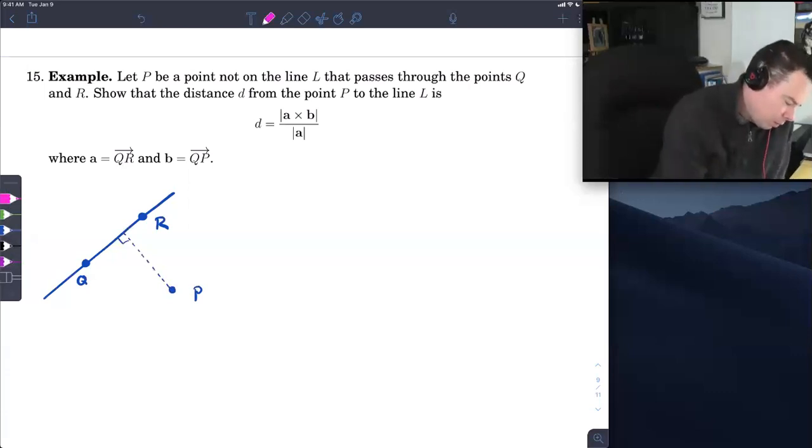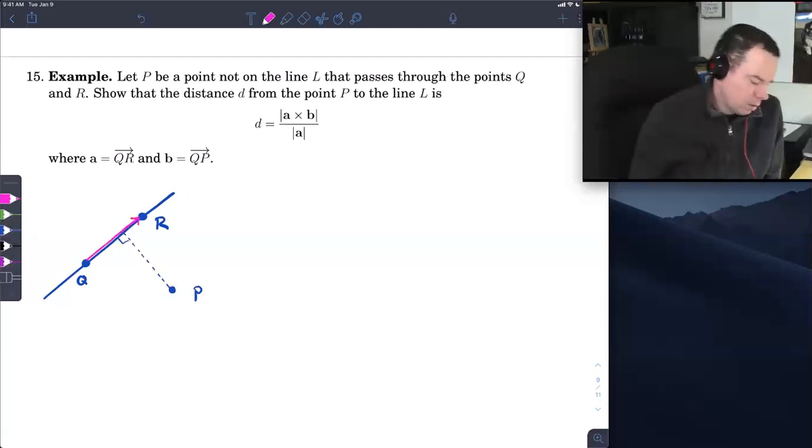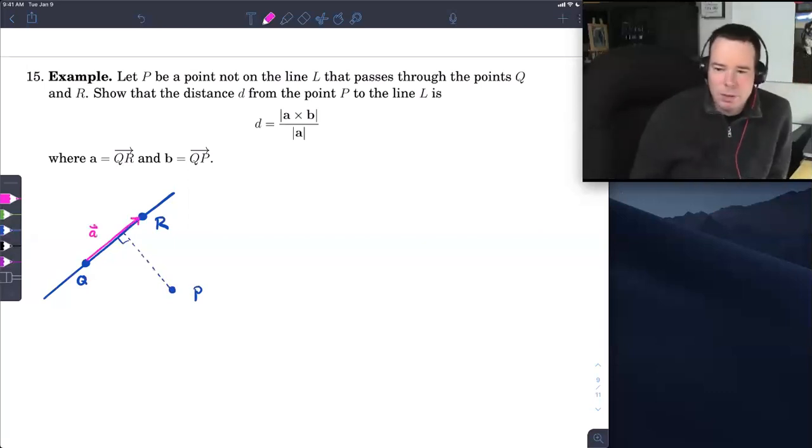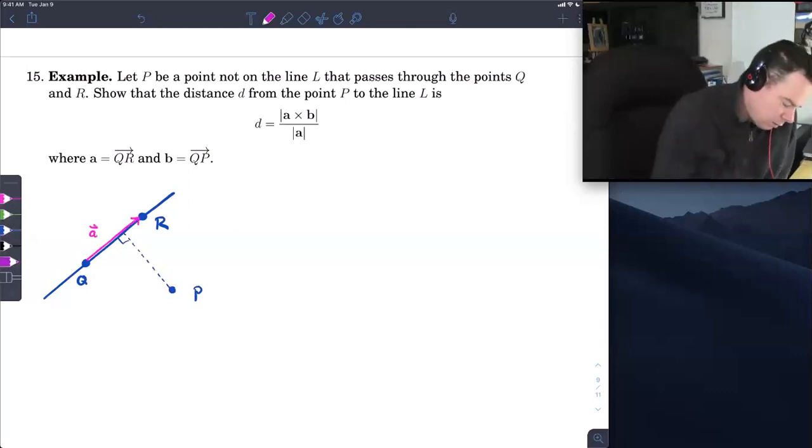The first thing we would do is construct some vectors, since vectors are the objects we're able to work with using cross products and dot products and the like. So I would construct a vector A that points in the direction of the line, and then I'd construct another vector from any point on the line out to P. I'll just pick Q to be that one.